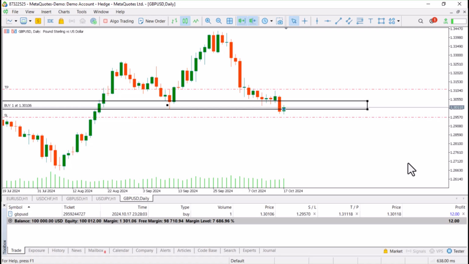The market is giving us $12. If the market is giving us $11 as profit, and we initiated 1 lot size, it means the market has moved 1 pip.